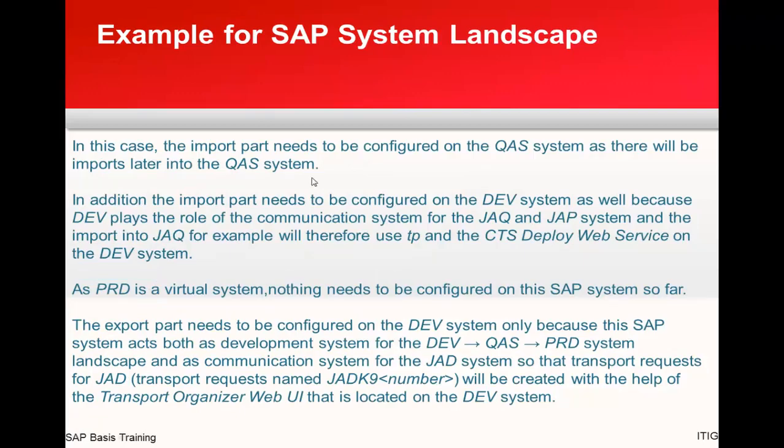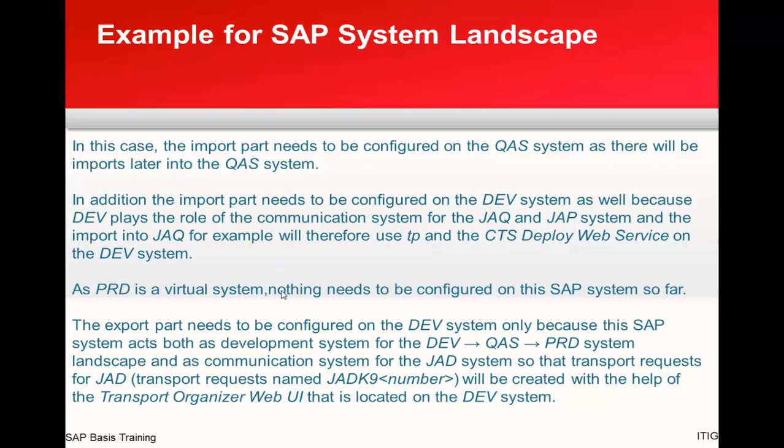In this case the import part needs to be configured on the QA system, as there will be imports later into the QA system. In addition, the import part needs to be configured on the dev system as well, because the dev plays the role of the communication system for these two, and the import from QA will therefore use TP and CTS deploy web service on the dev system.